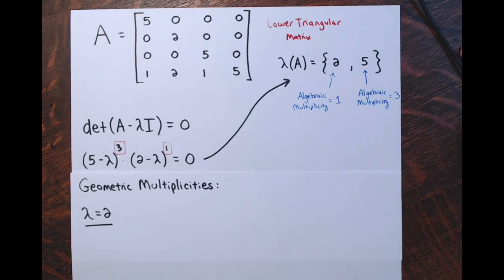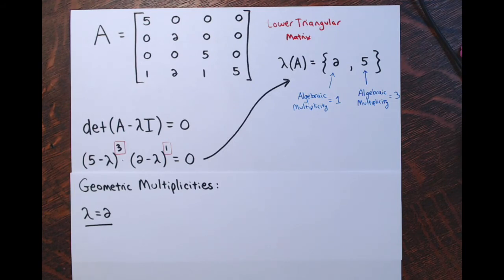And I'll tell you right now, all these eigenvalues, their corresponding eigenspaces are never going to be just the zero vector. If it was just the zero vector, you'd have dimension 0, or a geometric multiplicity of 0. For every eigenvalue, the geometric multiplicity will be at least 1.